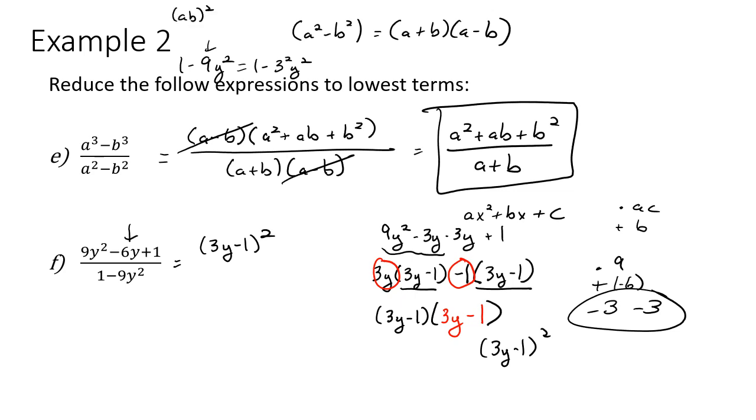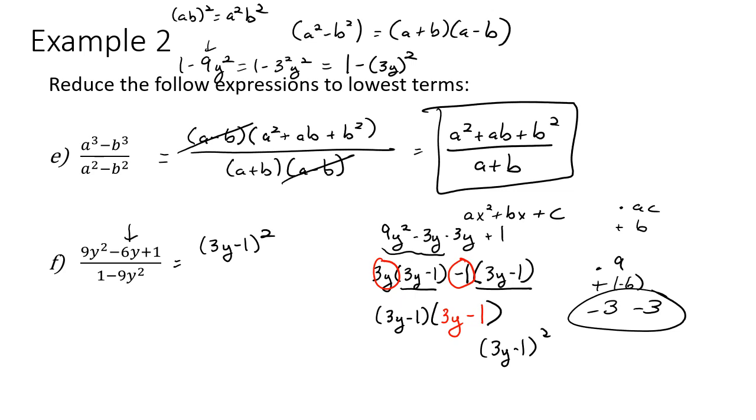A times b squared is equal to a squared times b squared. You can distribute exponents across multiplication, but you can also reverse that process. If you've got the same exponent, you can factor it out. And so 3 squared times y squared would be the same as 3y all squared.